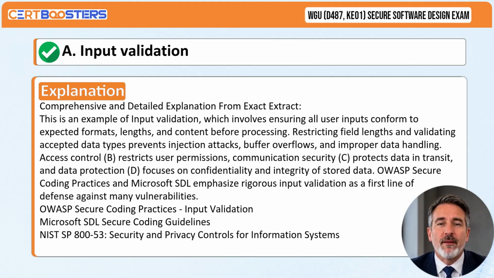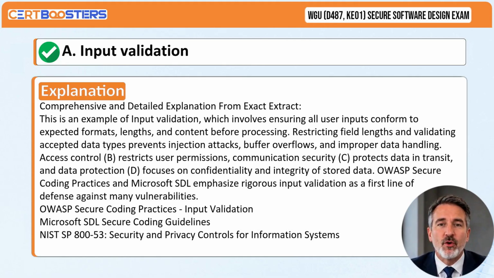Access control, B, restricts user permissions. Communication security, C, protects data in transit. And data protection, D, focuses on confidentiality and integrity of stored data. OWASP Secure Coding Practices and Microsoft SDL emphasize rigorous input validation as a first line of defense against many vulnerabilities.